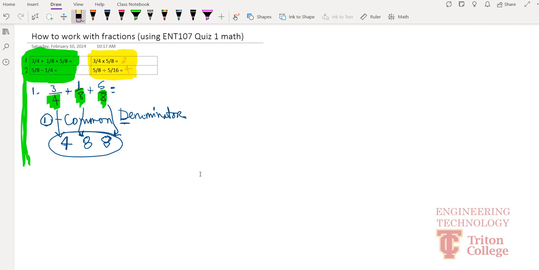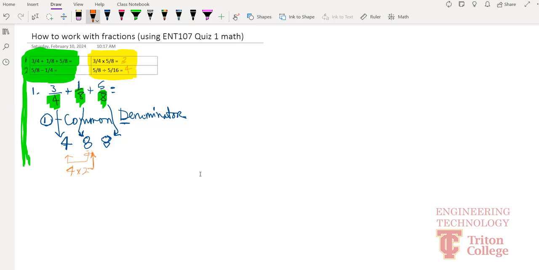So is 8 divisible by 4? Answer is yes, because 4 times 2 equals 8. Okay? Now, in fractions, you're looking for the highest common denominator, not the lowest. Okay?